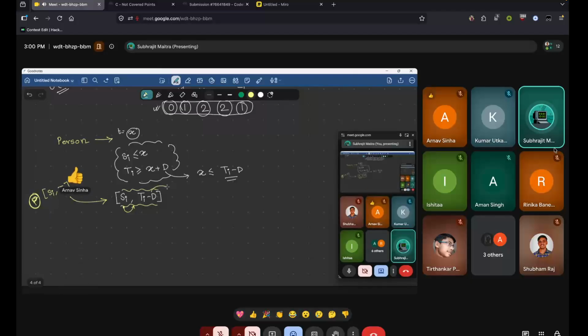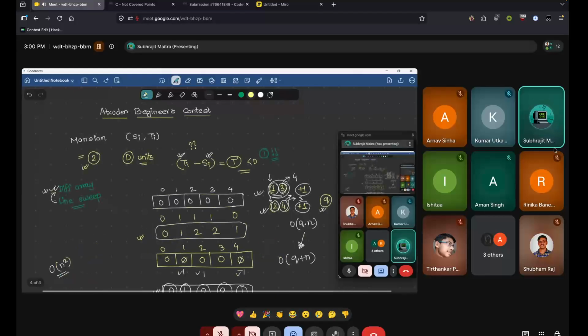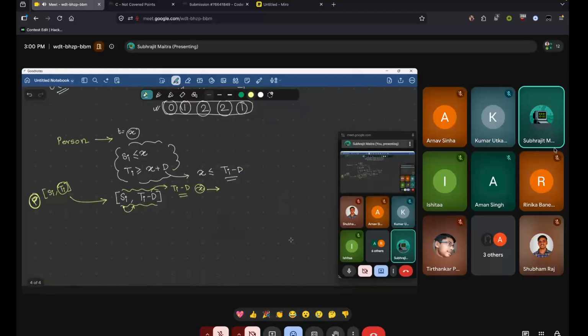Because after Ti minus d, if the murder starts, then the murder will continue even after he leaves the mansion, and that is not possible. So this criteria that we told was really important, right? Now the difference array algorithm comes into play.